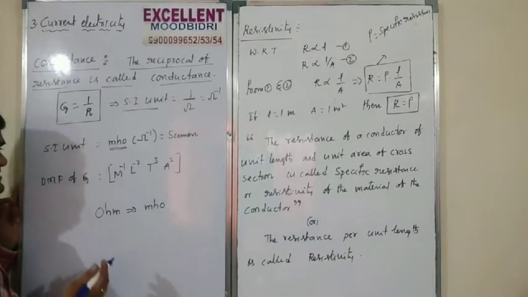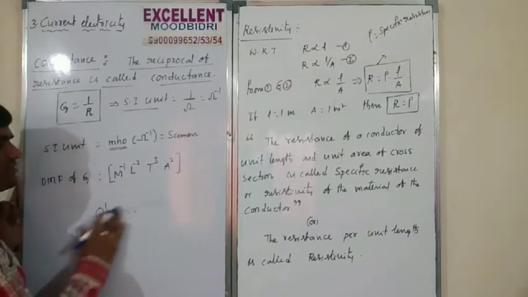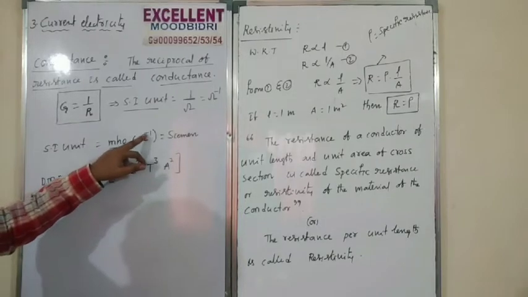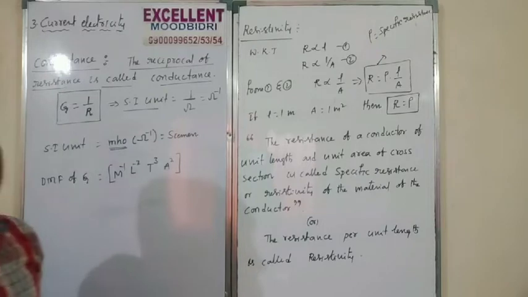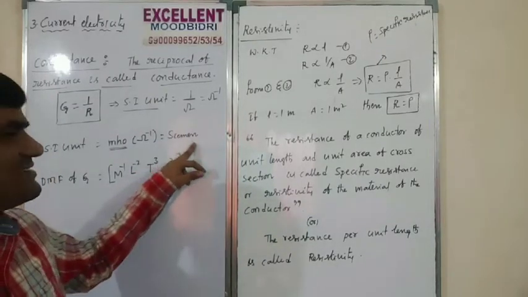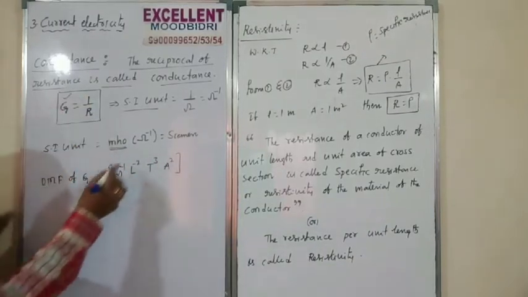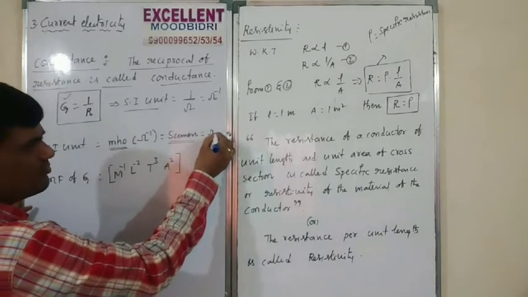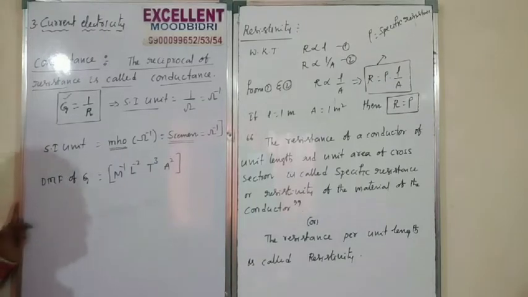Mho is the SI unit of conductance. It is also called siemens. Siemens is the SI unit of conductance. Siemens is nothing but ohm inverse.